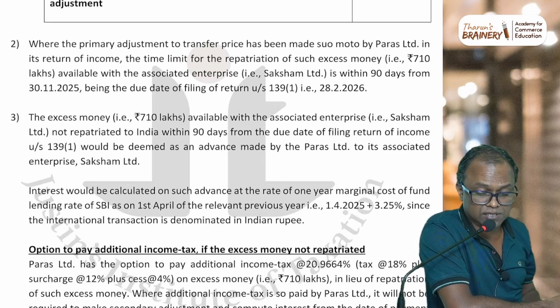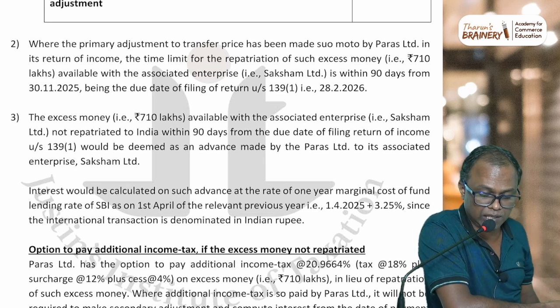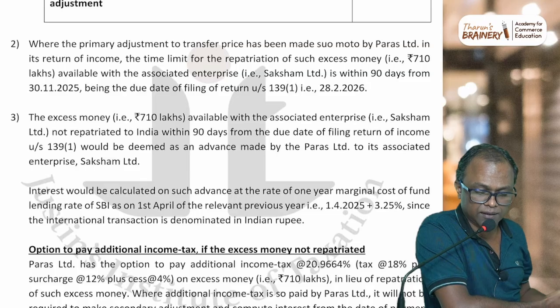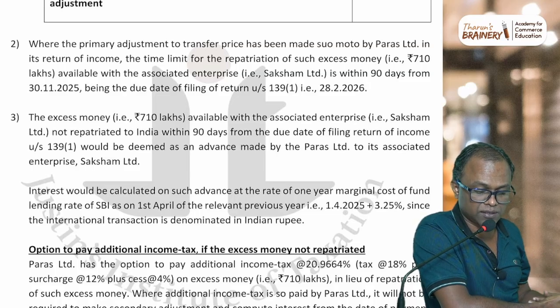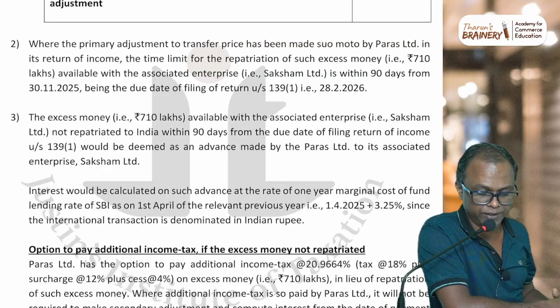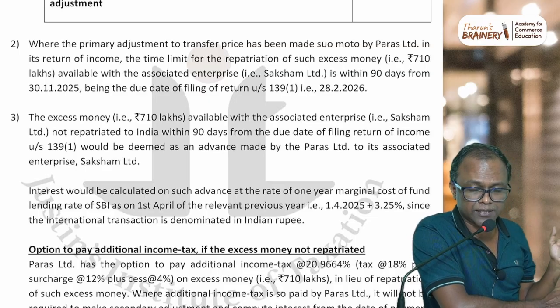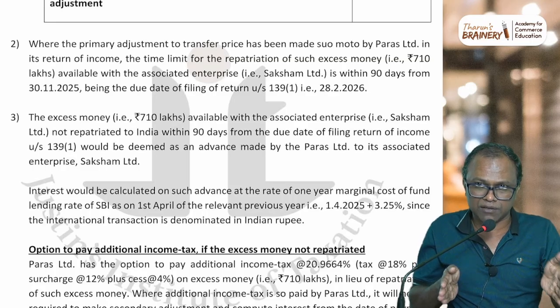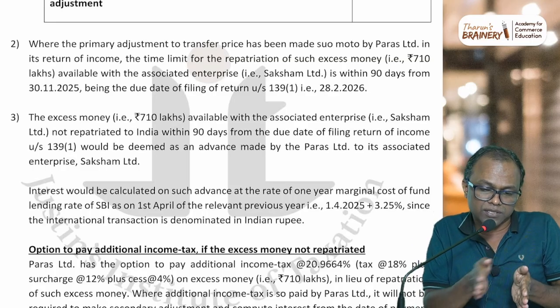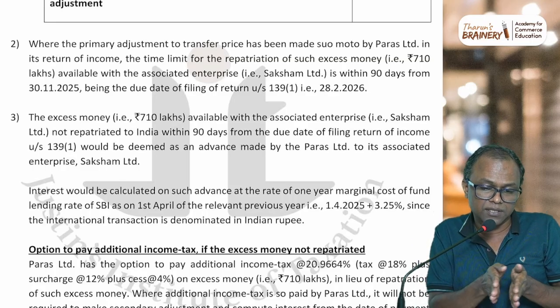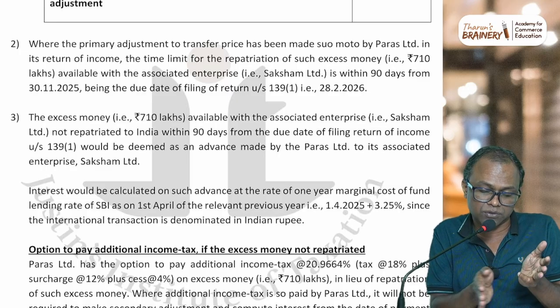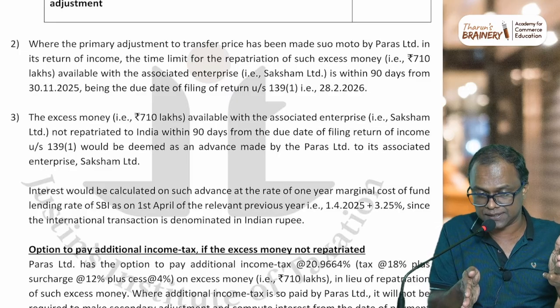That specified date we have to calculate the interest. So that is 1st April 2025 onwards we have to calculate the interest. And the rate will be as on 1/4/2025, the marginal cost of funds based lending rate of SBI plus 3.25. And it will continue till the money is repatriated, but usually we compute income year wise. So for the previous year 25-26, interest will be calculated from 1st December to 31st March 2026.